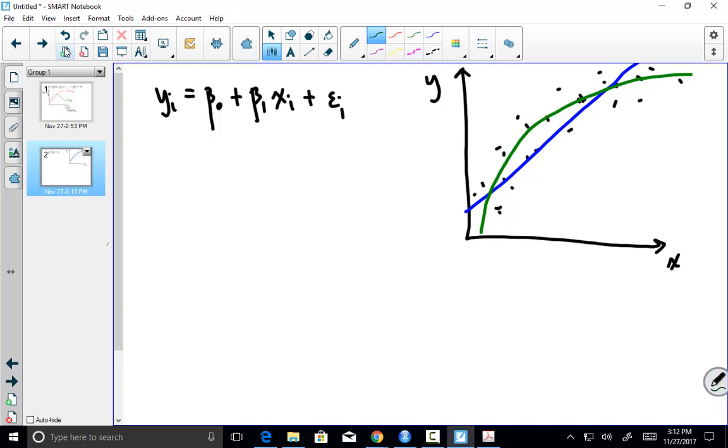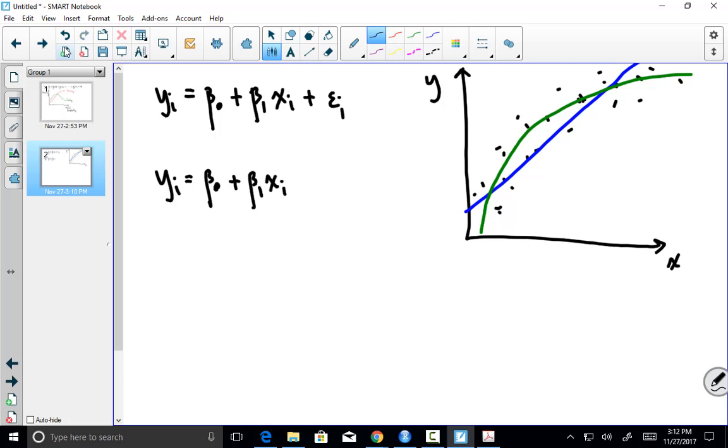So what are our options if I want to consider models of the form of the green curve as opposed to just a linear one? I mentioned already one possibility would be to, instead of a linear model, use a polynomial model.